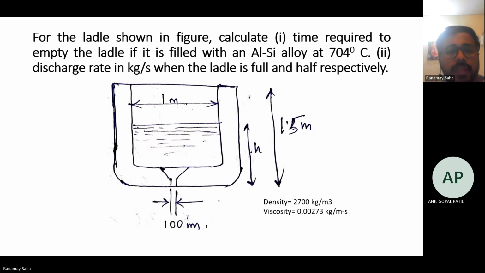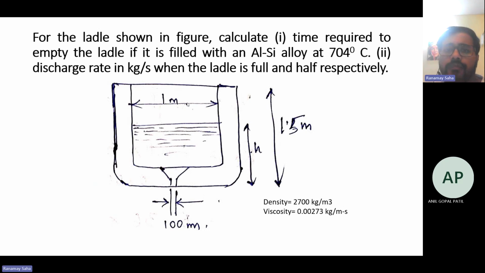Then we come to a problem which considers the frictional effect. Here a ladle is shown, with a height of 1.5 meters and one nozzle outlet of 100 millimeters diameter.